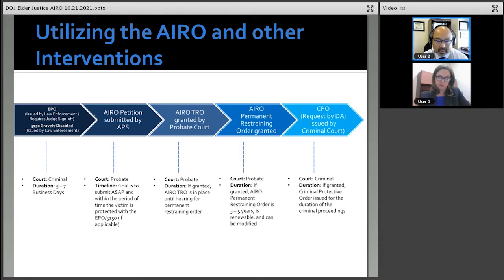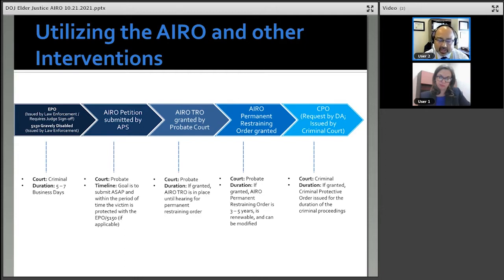There might be a period where we need to protect the elder or dependent adult, and that's where an AIRO might be useful. It's a useful tool to put into place if you have the facts to show that abuse happened and it is needed to protect the elder or dependent adult. And like I said, a TRO is typically granted based on the pleadings within the same day or the day after.